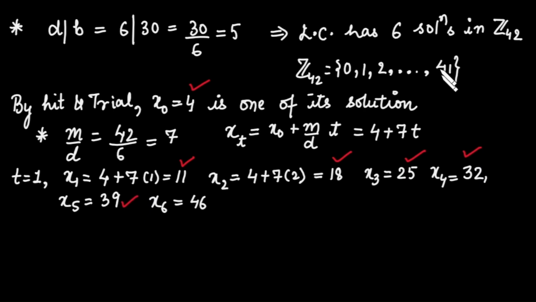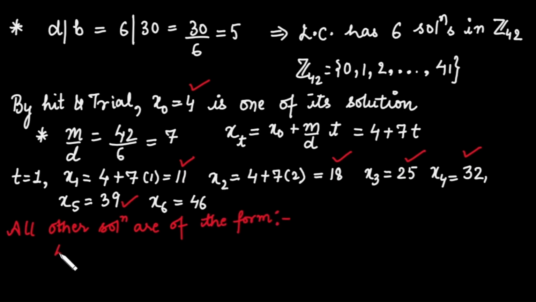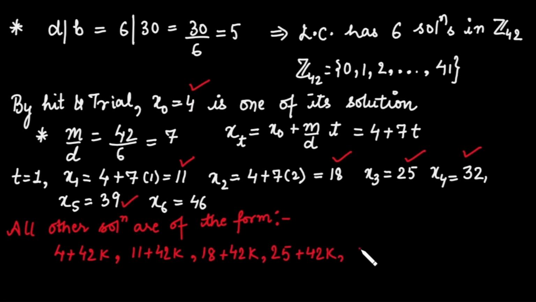Once we have the unique solutions in Z42, we can write all other solutions in the form 4 plus 42 into k, or 11 plus 42k, or 18 plus 42k, or 25 plus 42k, 32 plus 42k, 39 plus 42k, where k is any integer.